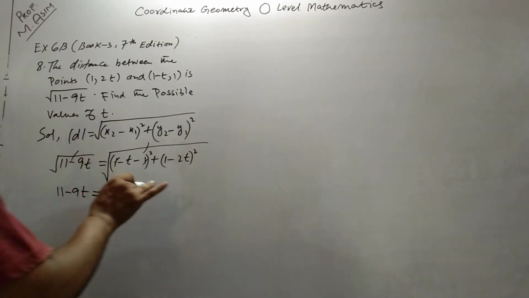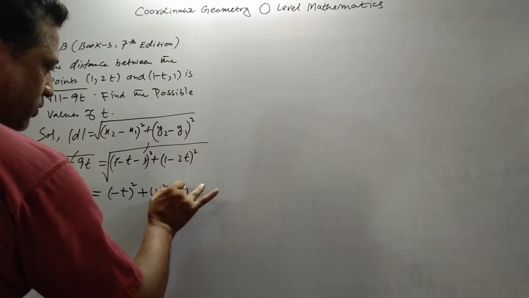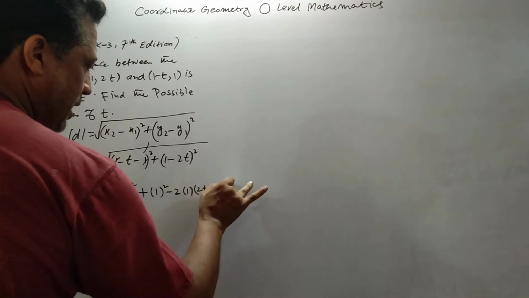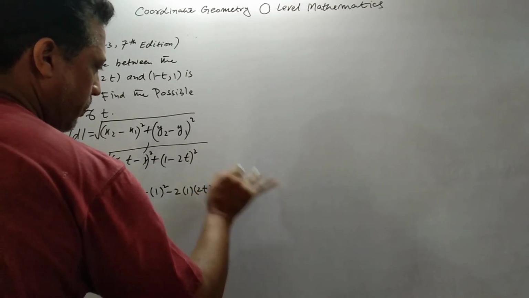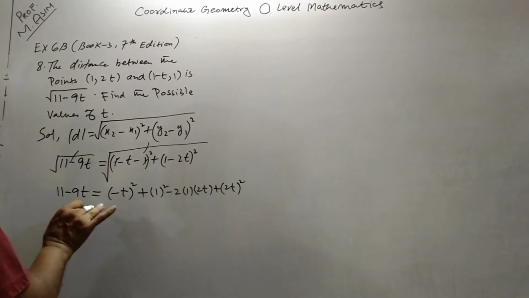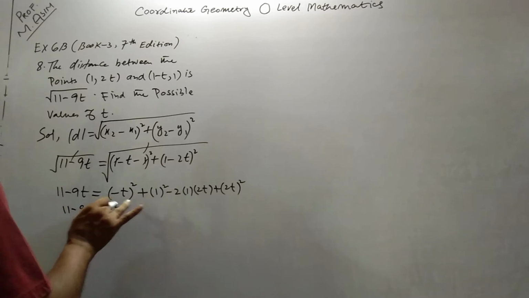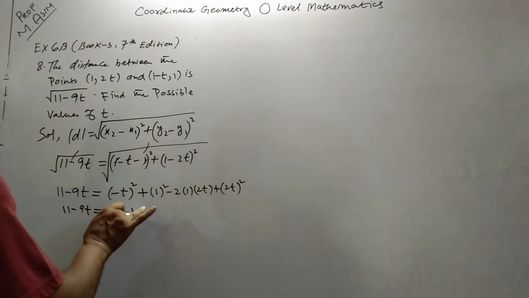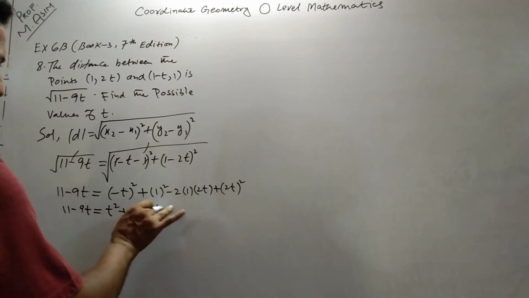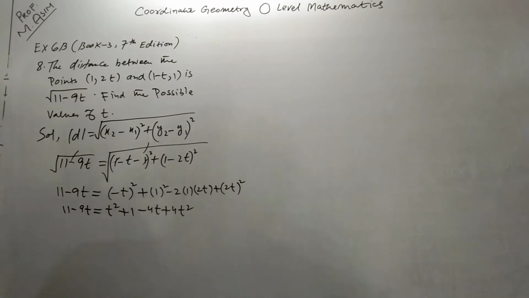What is the a minus b whole square formula? It is a square minus 2ab plus b square. So 11 minus 9t is equal to minus t square, and the square of a negative number is always positive, plus 1 minus 2, 2 1s are 2, 2 2s are 4, t plus 2 square is 4 and t square is t square.